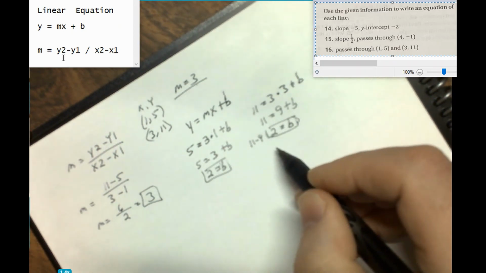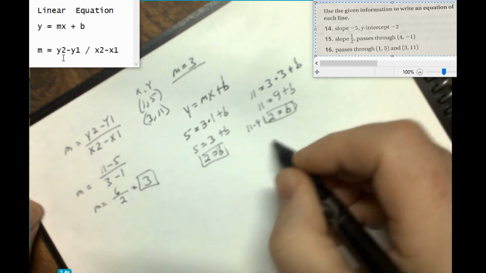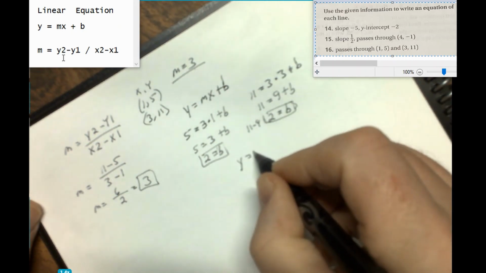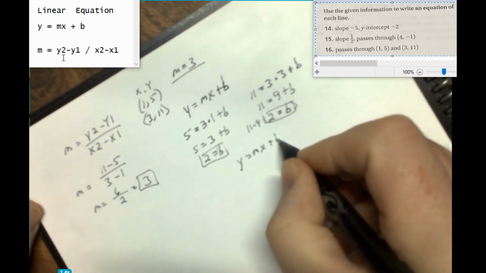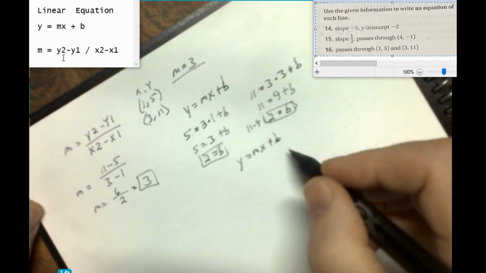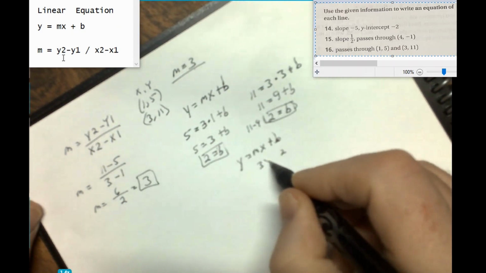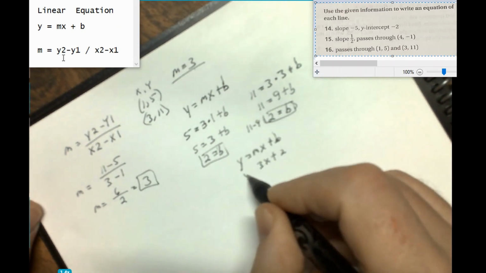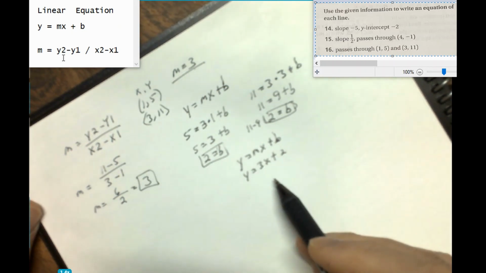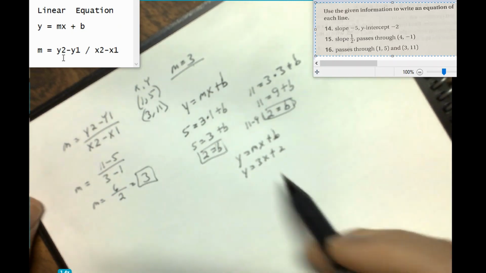Same answer. Now here's where it gets a little bit tricky. We know that it's y equals mx plus b. So initially you're thinking that b is 2, slope is 3, that should be my answer. But actually that's inaccurate, and here's why.